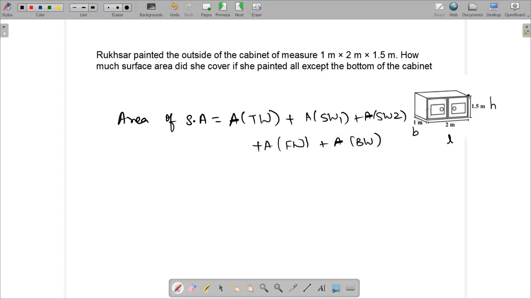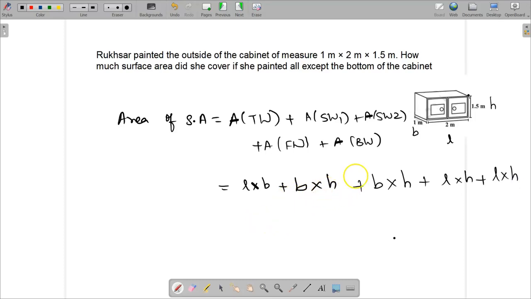These are all the areas we need to consider except the bottom. The top wall is affected by length into breadth, as we have discussed. The area of side wall 1 is affected by breadth into height, and similarly side wall 2 is also affected by breadth into height. Then the front wall is affected by length into height, and the back wall is also affected by length into height.